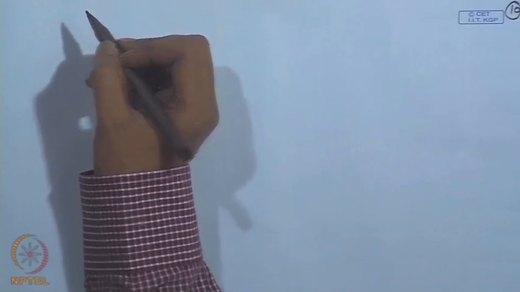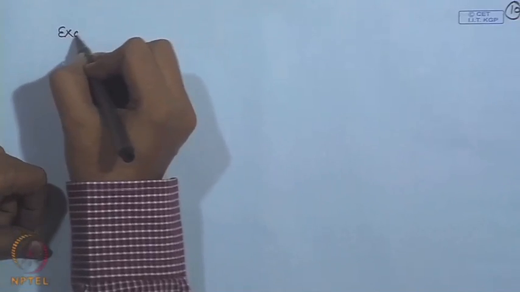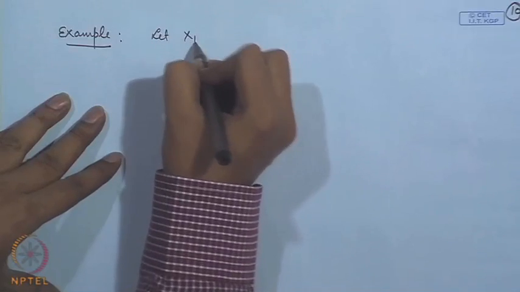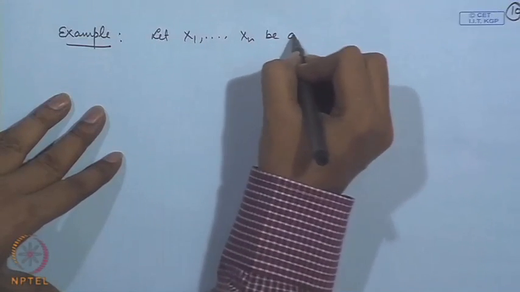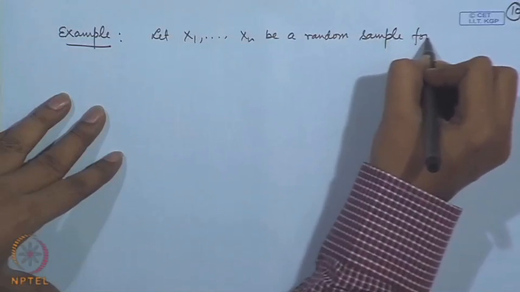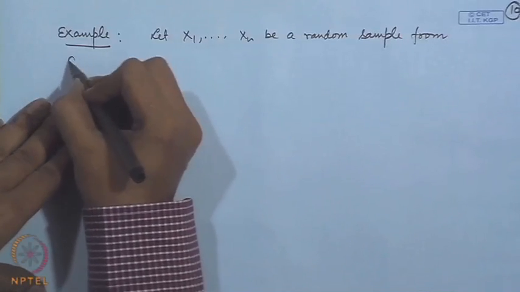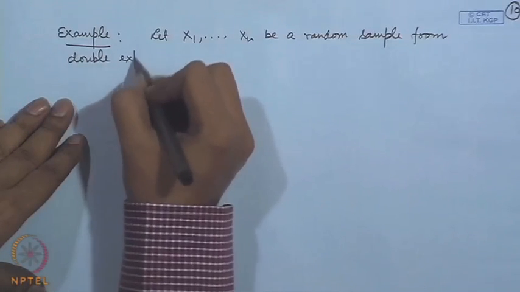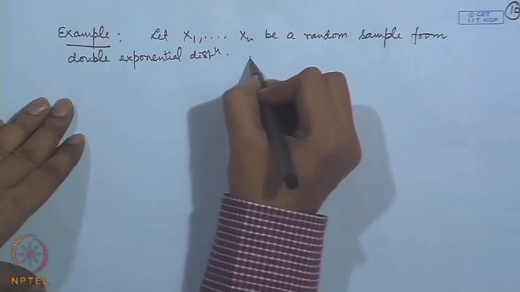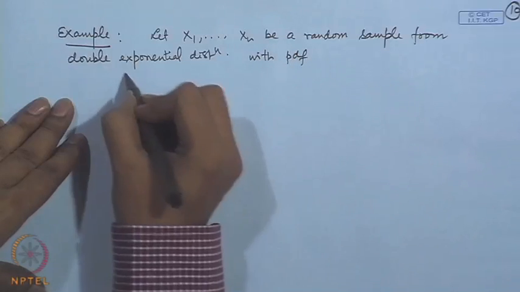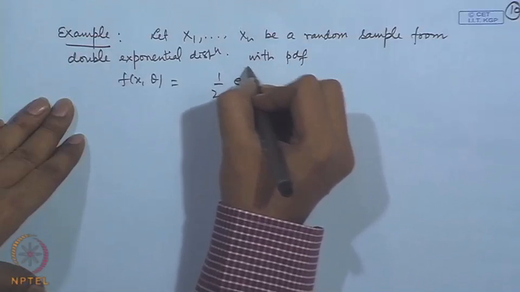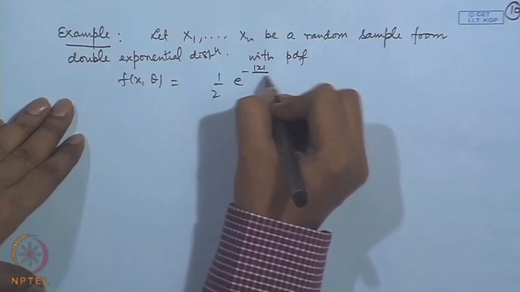Let me consider one example. Let X1, X2, ..., Xn be a random sample from a double exponential distribution with PDF given by, say, f(x, theta) equal to 1 by 2 theta e to the power minus modulus x by theta.